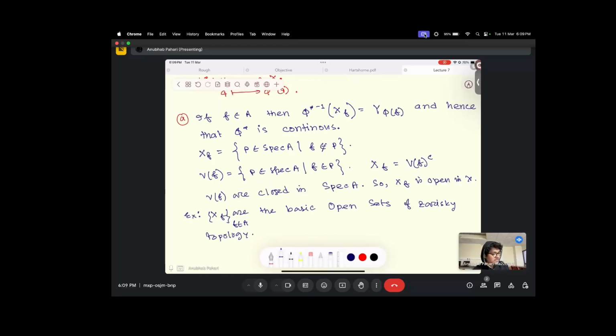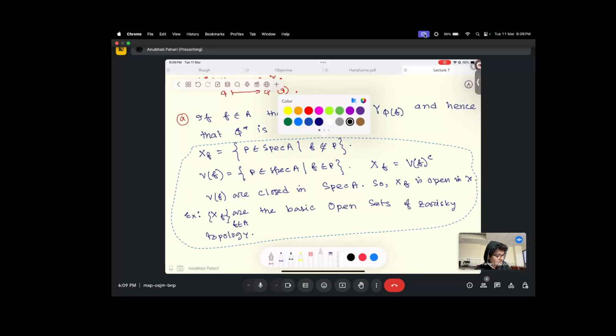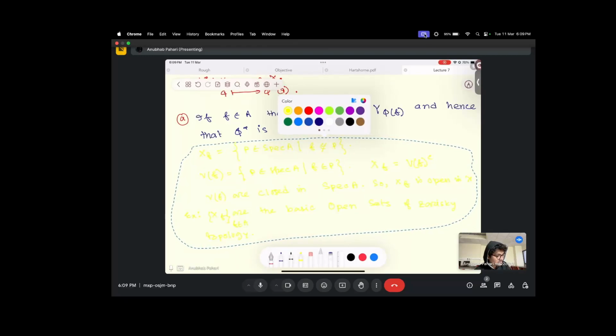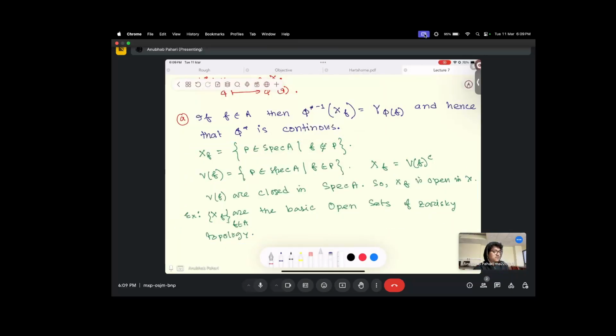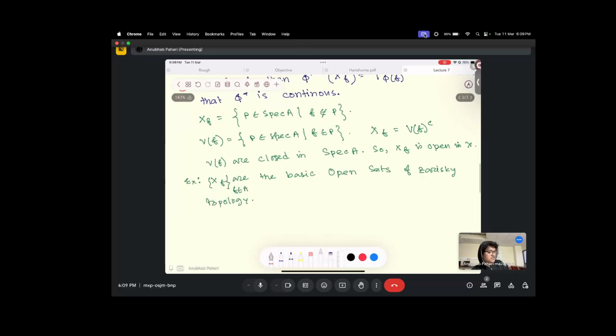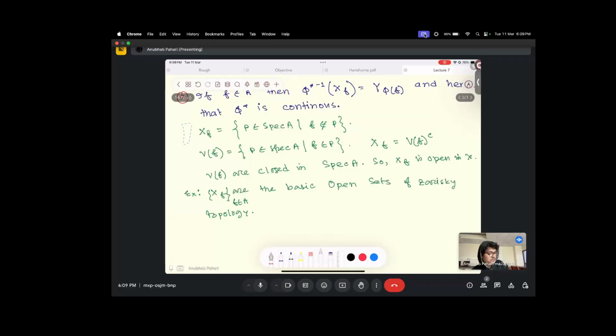Now if I just color it with another color, which should be yellow, so this is a remark, and I should put a bracket.